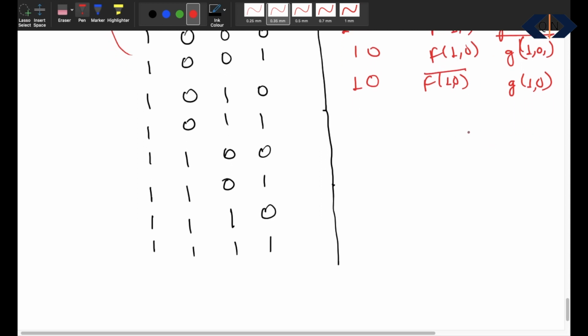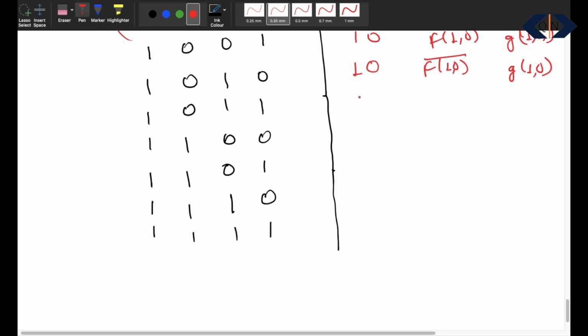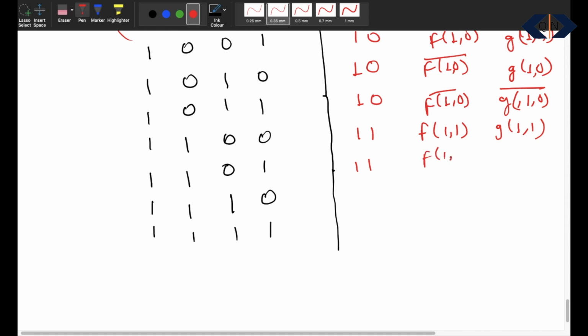Instead of writing commas, you can understand it. 1, 0, both of them will be flipping. 1, 0, both will be flipping. This is 1, 1. So F of 1, 1 will not flip, G of 1, 1 will not flip, and here this will not flip, this will flip.